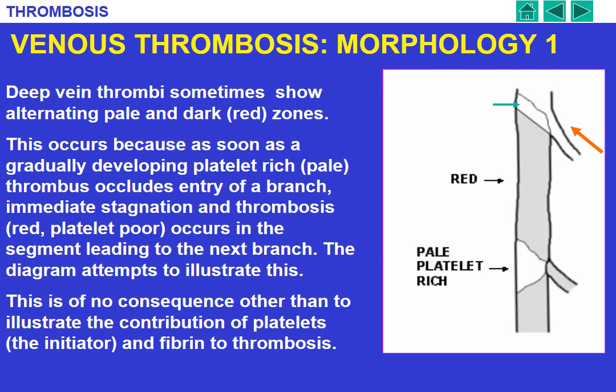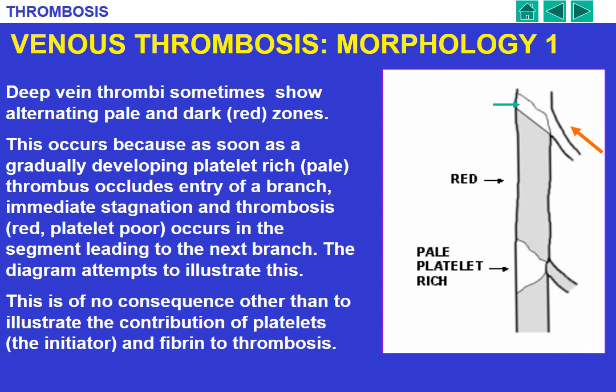Consider the red arrow where blood is flowing from the branch into the main vein. You can see formation of a platelet-rich zone of thrombus indicated by the green arrow. This platelet-rich zone is pale and gradually builds up and will eventually occlude the branch entering the main vein.